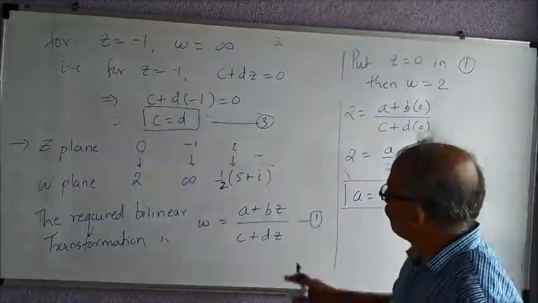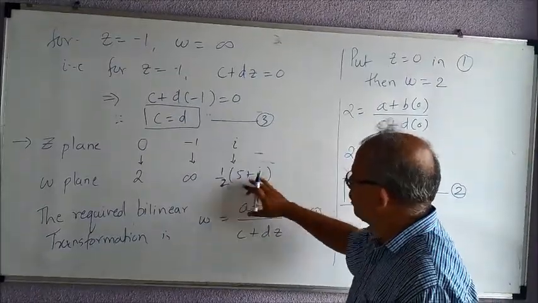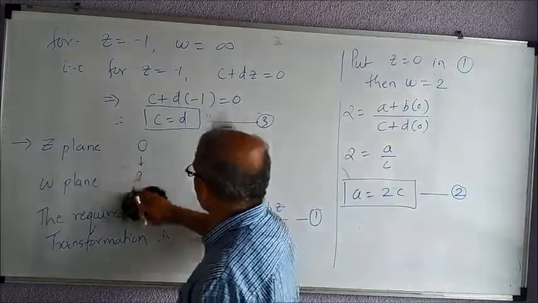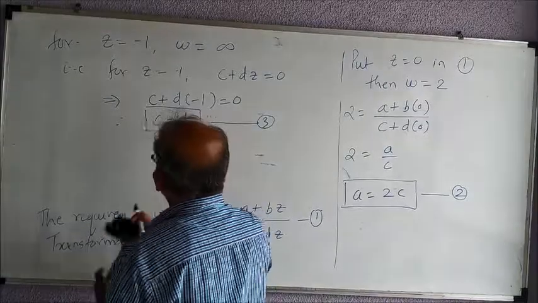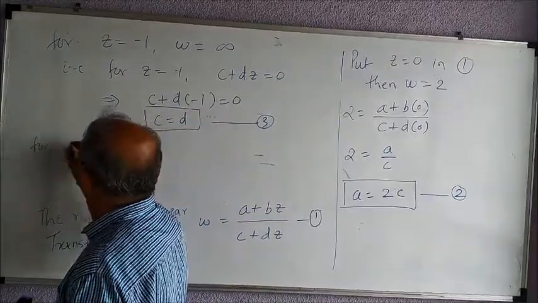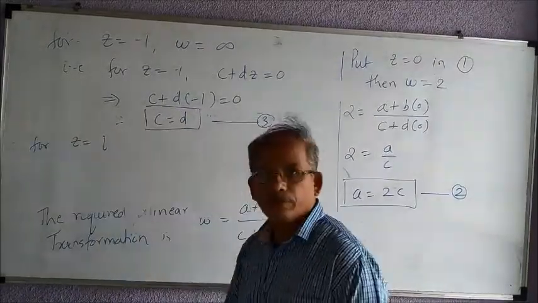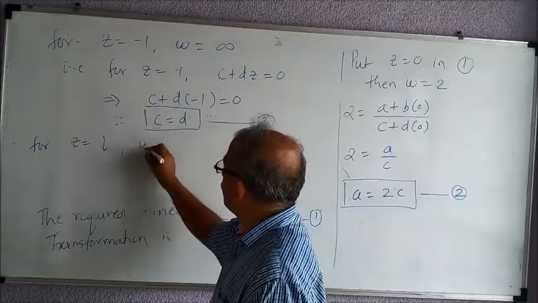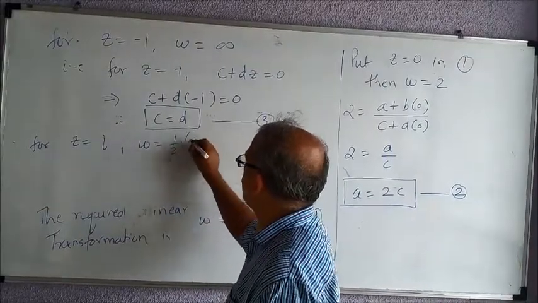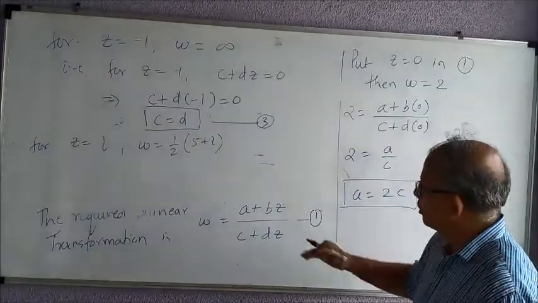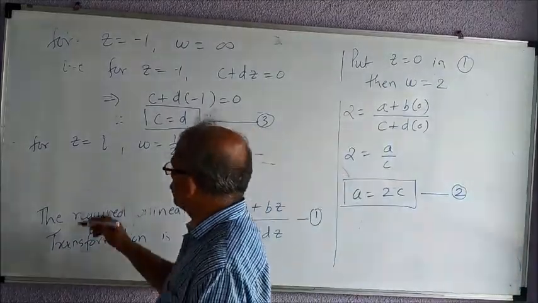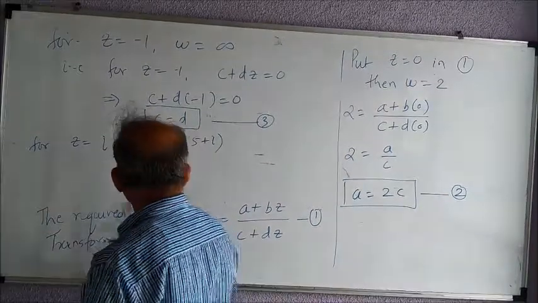Okay. Now we are left with the remaining point i and this. So let us work on this. Next, for Z equal to i, W will be half of (5 plus i). Right. So if I put it here, what I'll get?